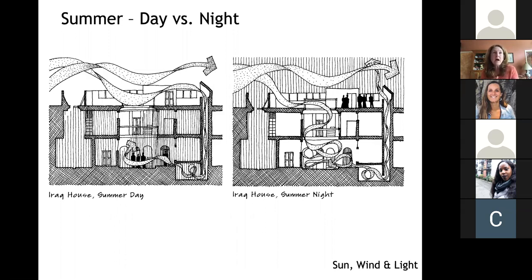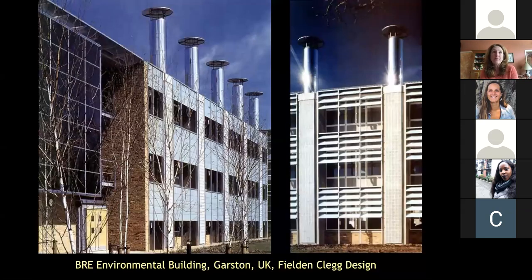And then by the time the evening happens, the chimneys have warmed up and then the heat is starting to rise and it pulls the air through the house. And then also in terms of migration, people will spend more time on the roof at night so that they get the advantage of radiative night cooling as well.